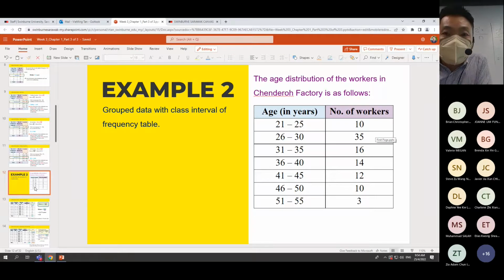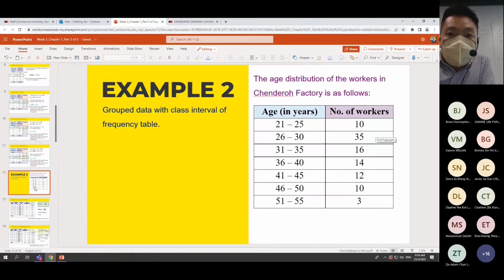Okay, let's analyze the question. There are 10 workers in the Chandra factory within 21 to 25 years old, and so on, down to 3 of them within 51 to 55 years old. So we need to understand the question first.